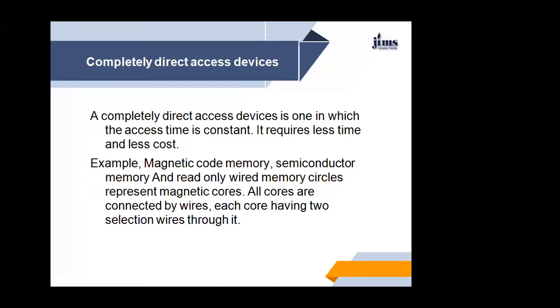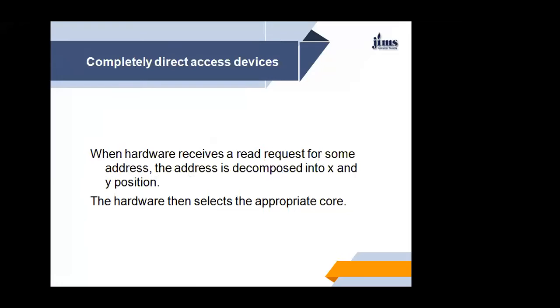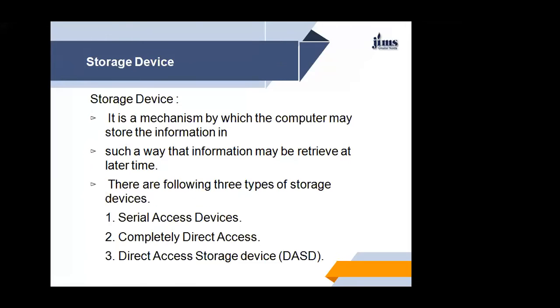All cores are connected by wires, and each core has two selection wires through it. When the hardware receives a read request for some address, the address is decomposed into X and Y positions, and the hardware then selects the appropriate port.